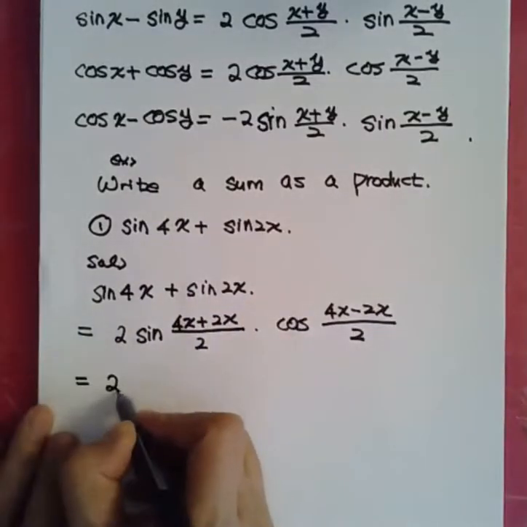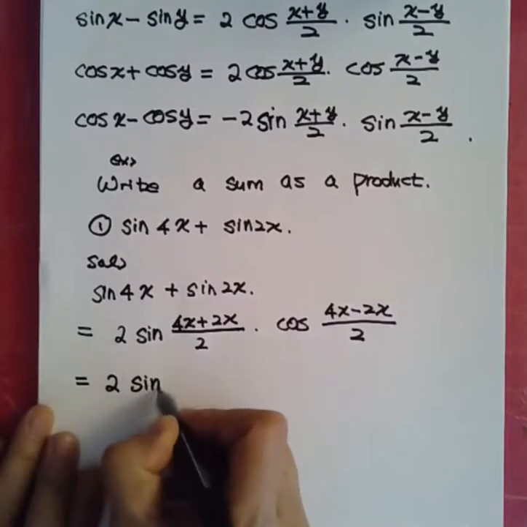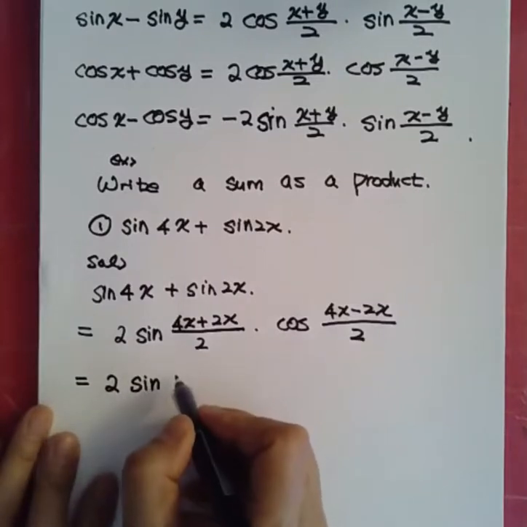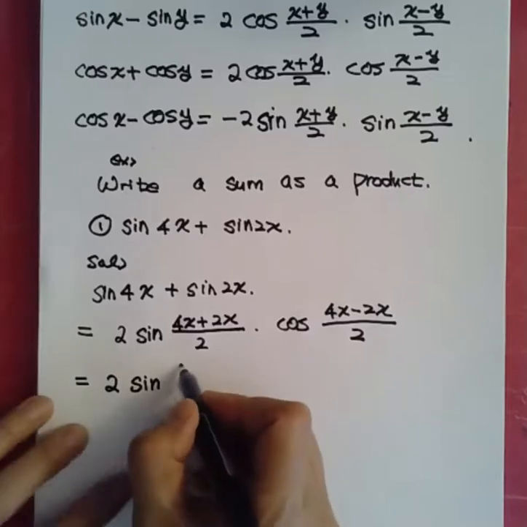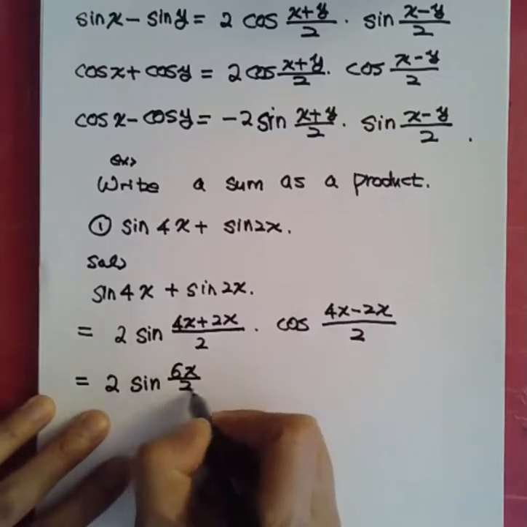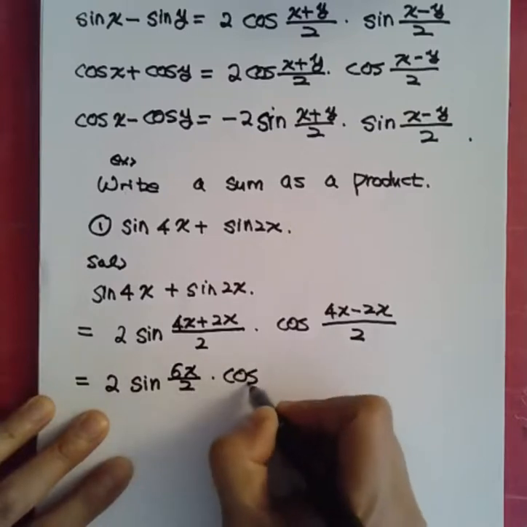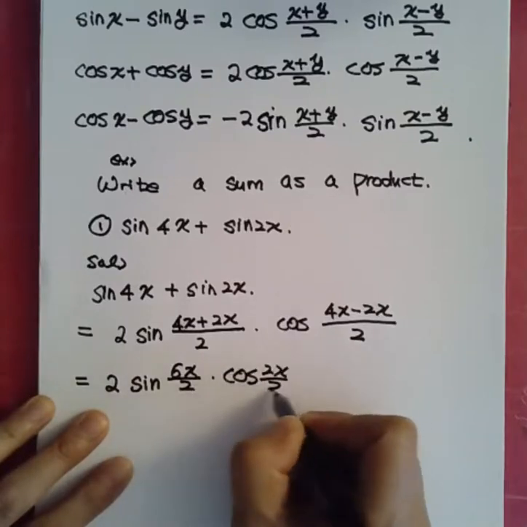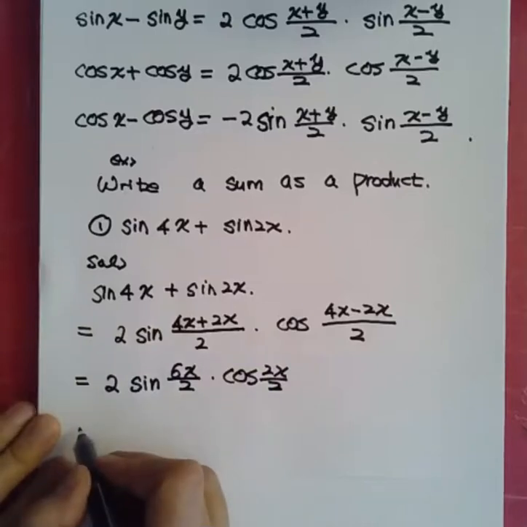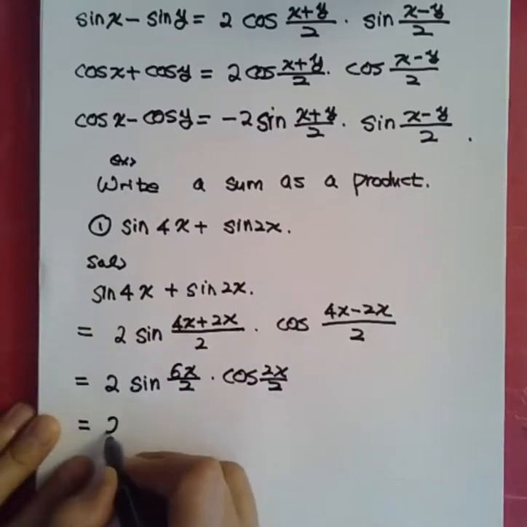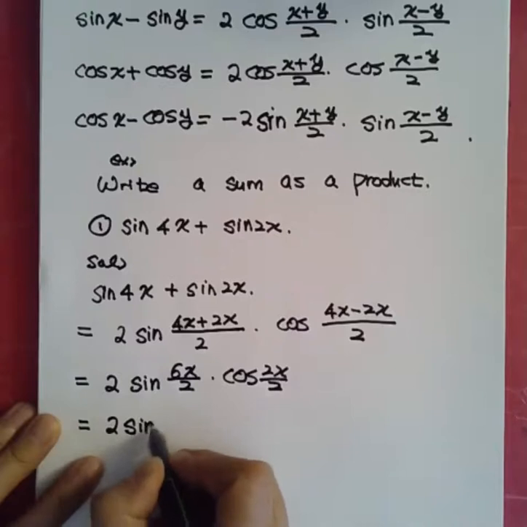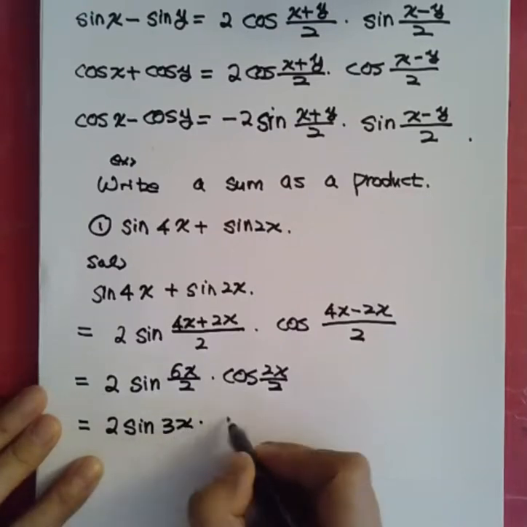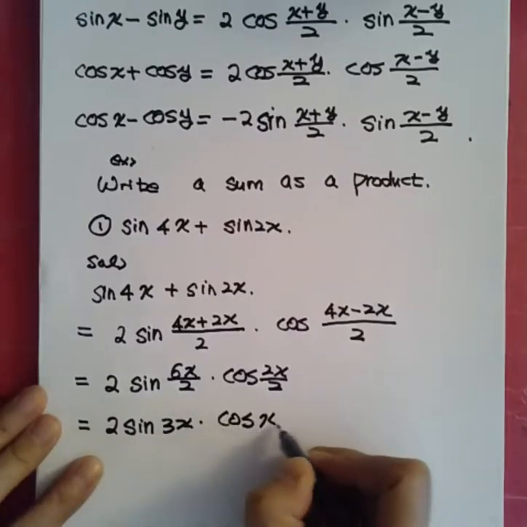Then that becomes 2 times sine of 6x over 2 times cosine of 2x over 2. If we simplify the fraction, that becomes 2 times sine of 3x times cosine of x.